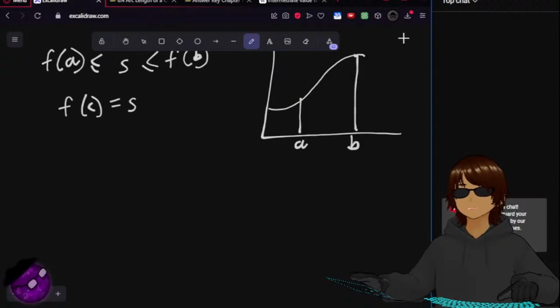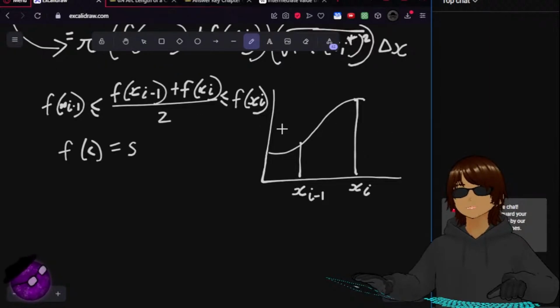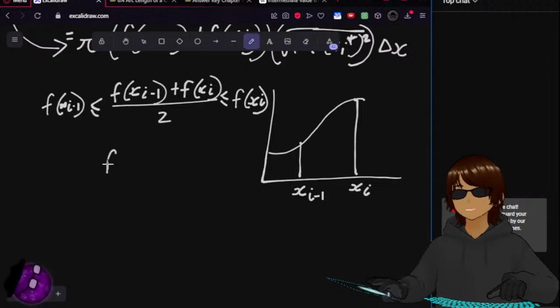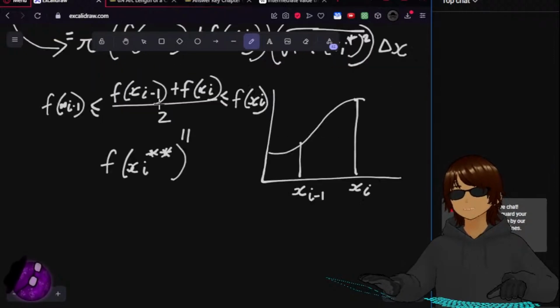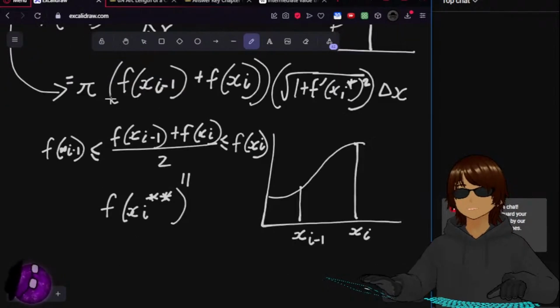between f of xi minus 1 and xi, since it's continuous, there will be some value which is defined for the average value. Some value exists, let's call it f of xi star star, which is equal to this. So that means I can write this as, instead of f of xi minus 1 plus f of xi, I can just write 2 times f of xi star star.